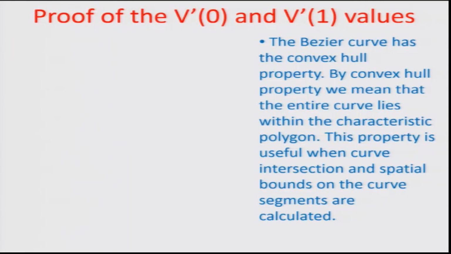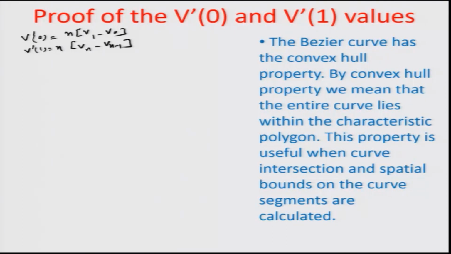So, let us say the first condition necessary for it to be Bezier says that V'(0) should be equal to n times of (V1 minus V0). And condition number 2 says V'(1) equals n times of (Vn minus V(n minus 1)).